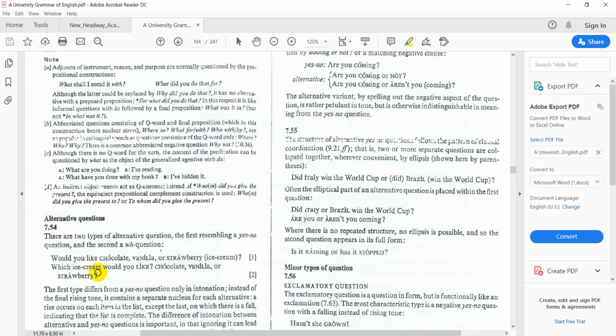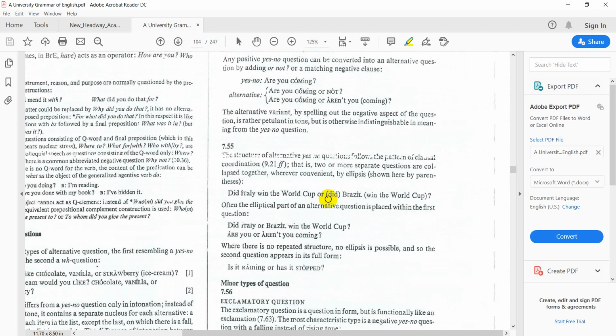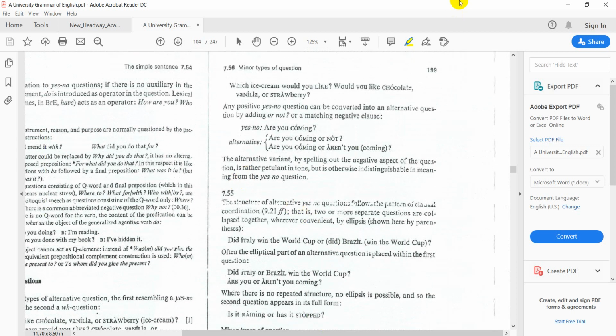Related to the first, if I ask by WH word, it is as if I'm having two questions combined together. So this second type here, I combine a WH word with the type of question that starts with an operator.